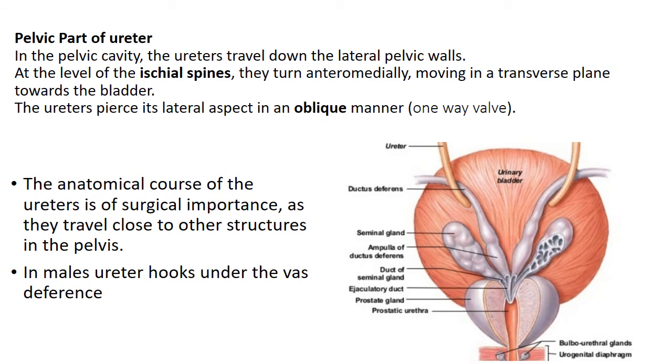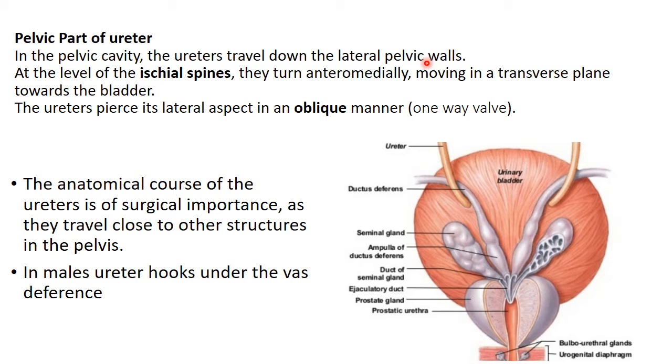Pelvic part of the ureter. We did the abdominal part. Now we'll talk about the pelvic part of the ureter. Although we are going to see this in detail when we are doing the pelvic organs, here is a little bit about it. In the pelvic cavity, the ureter travels downwards on the lateral pelvic wall.